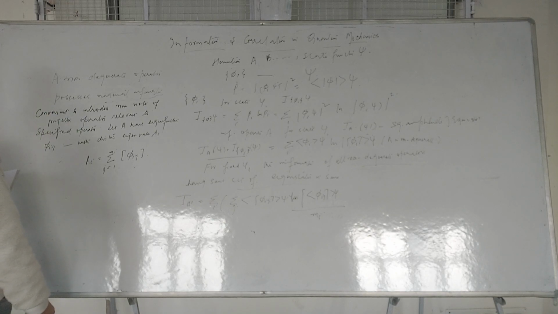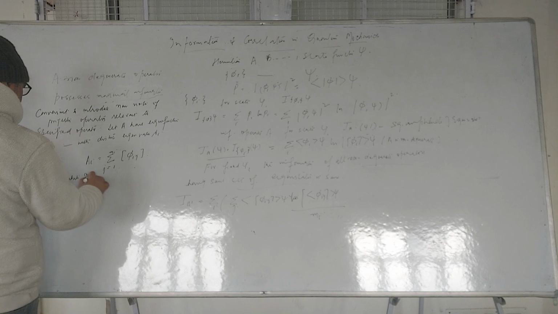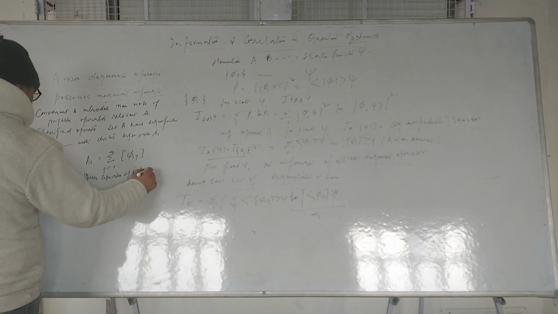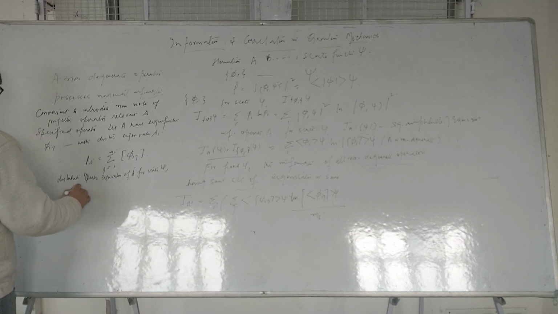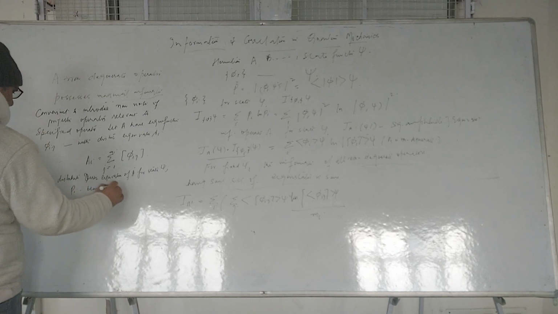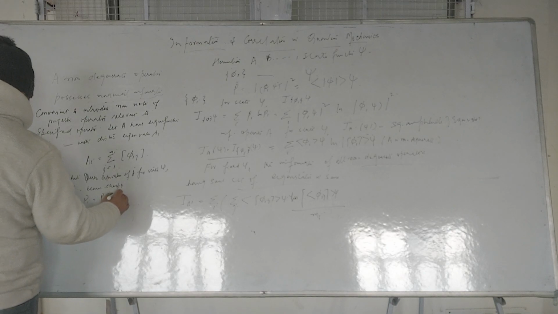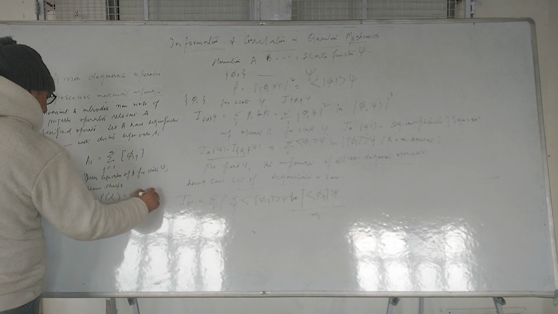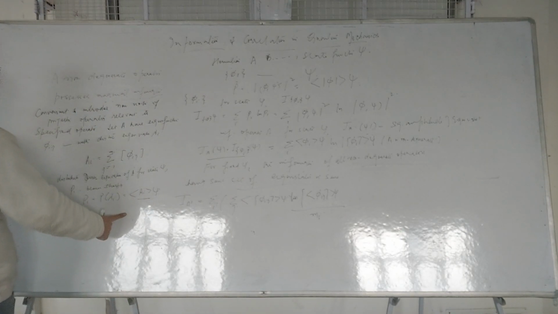So we can say the distribution over eigenvalues of A for state psi, Pi, is P of lambda i, which is A i psi, where this is the expectation.